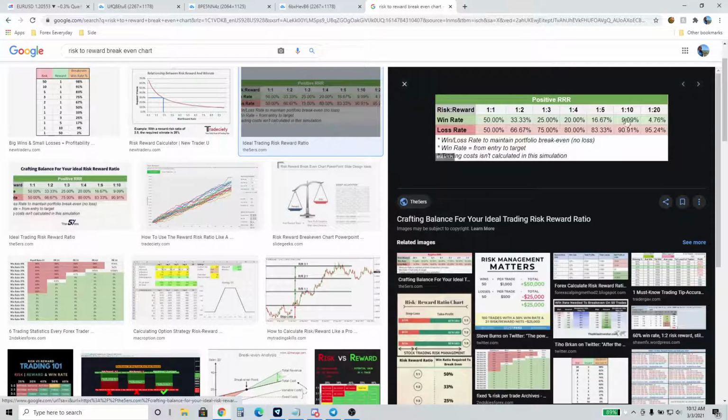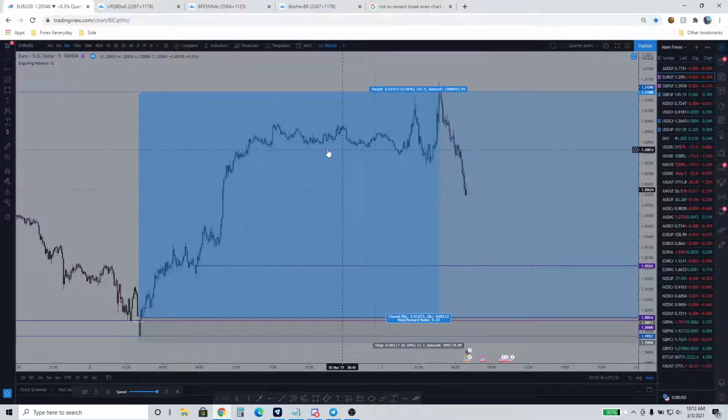So at 1 to 10, you only have to win 9% of your trades to break even, which I can tell you personally from past experience, when you're basing your entry around. Now, if you just did this willy-nilly every time there's an equal bottom, look for a 5%, you'd still probably win 20% of your trades, so you're still profitable.